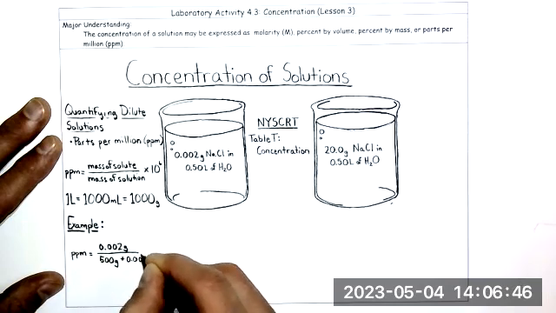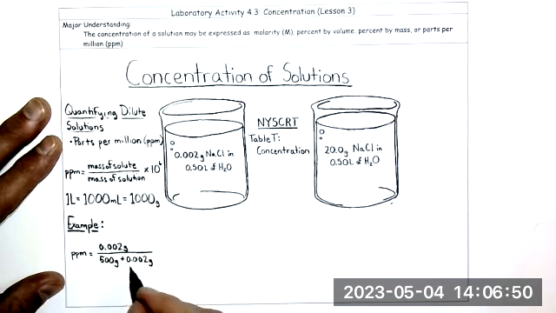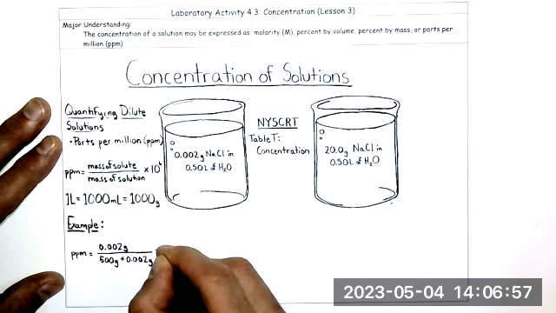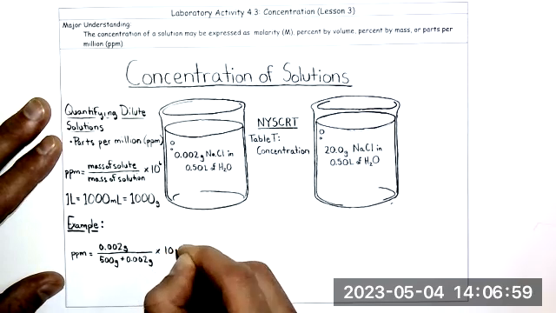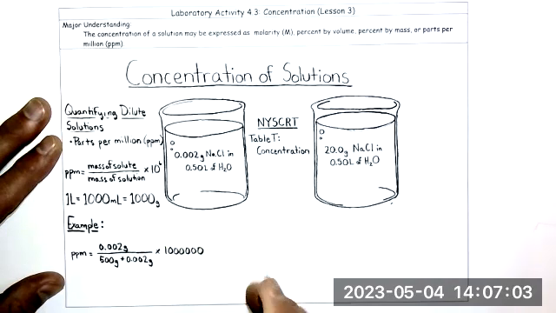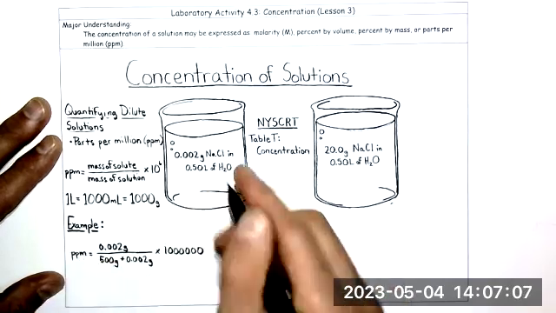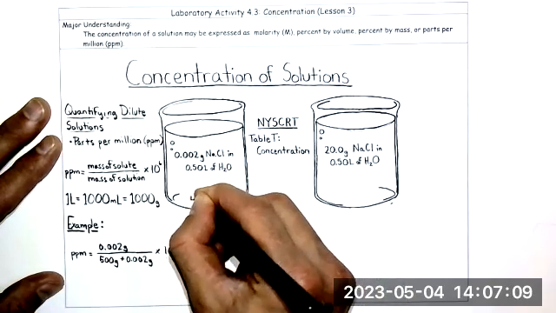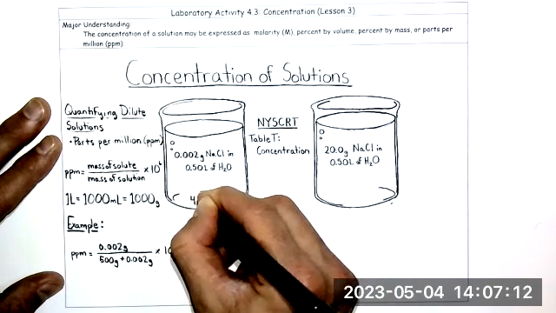Again, this value is so small that it's not going to really do anything to our calculations. Then we multiply by 1,000,000. When we do this, we'll find that this solution has a concentration of 4 parts per million.